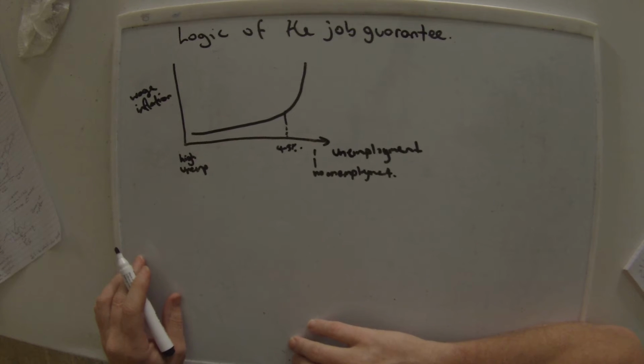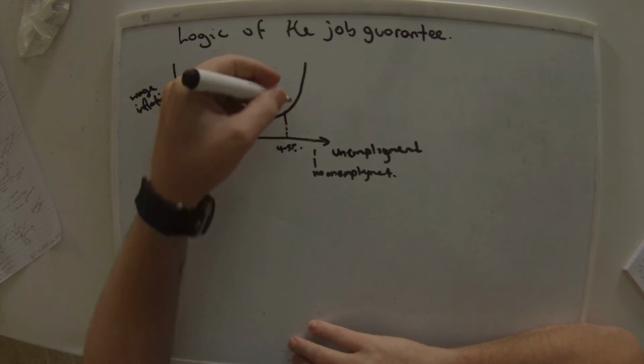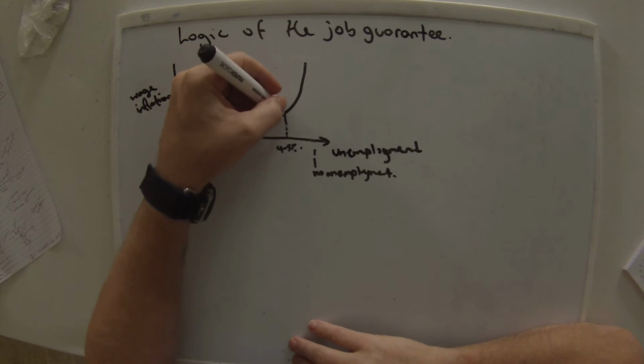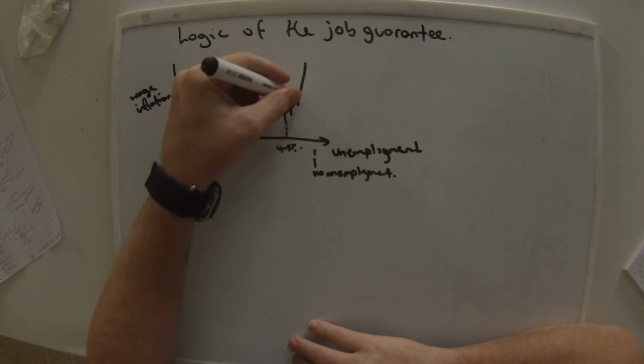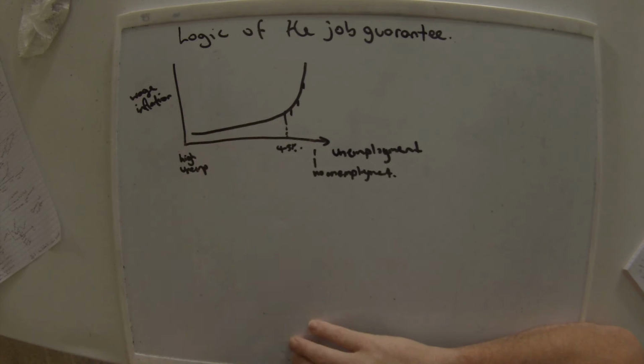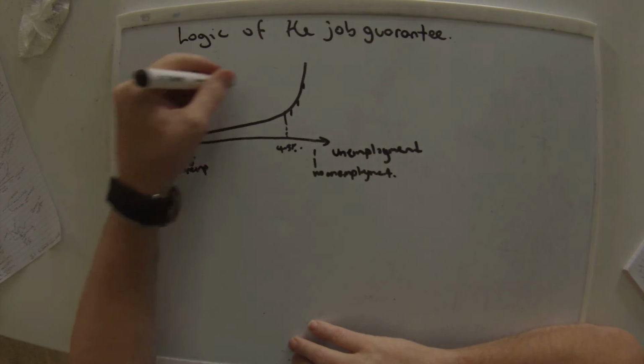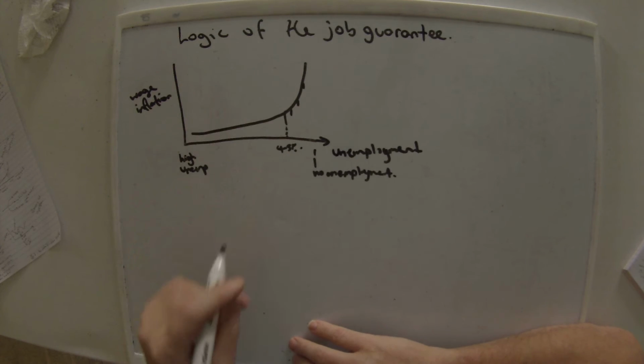So what will happen is if you get your unemployment lower than this, say to 3, 2 or 1%, the wage inflation you'll have rises rapidly.